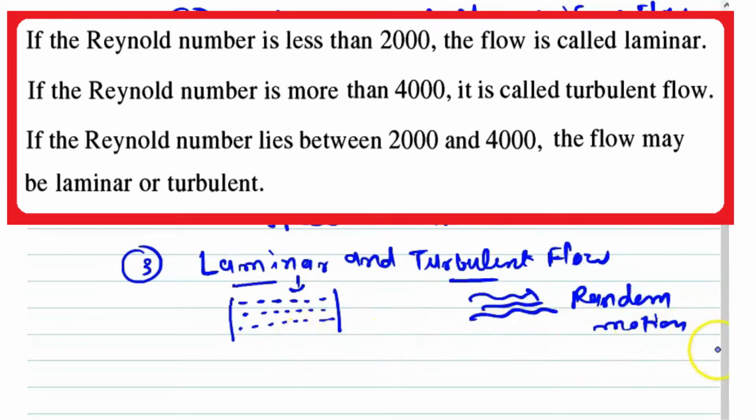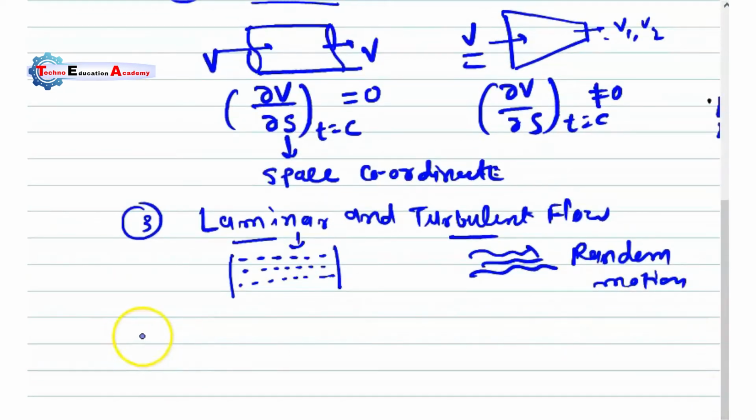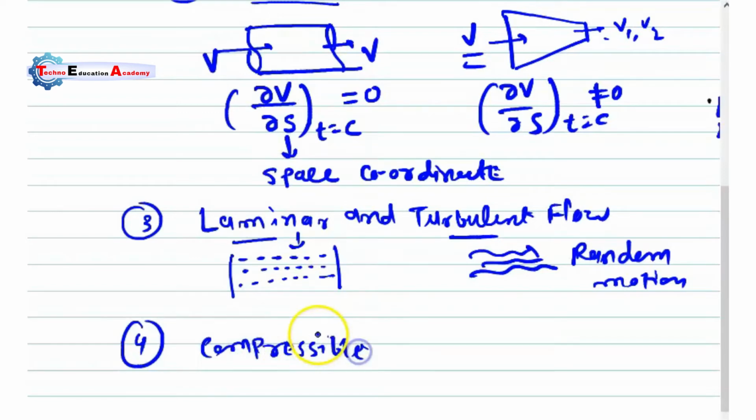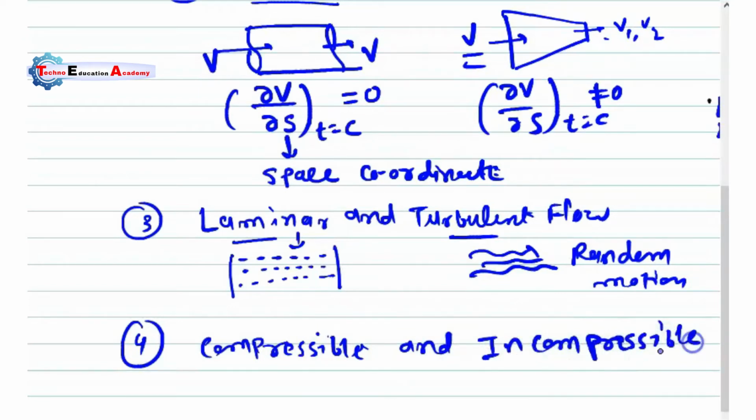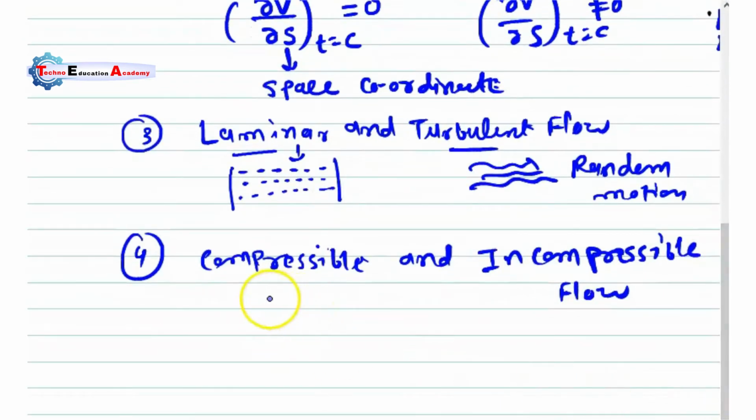Now fourth, compressible and incompressible flow. What is compressible and what is incompressible flow? Compressible means density is not constant. In incompressible flow, the density of the fluid is constant.